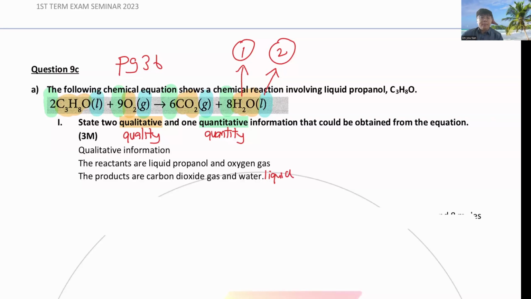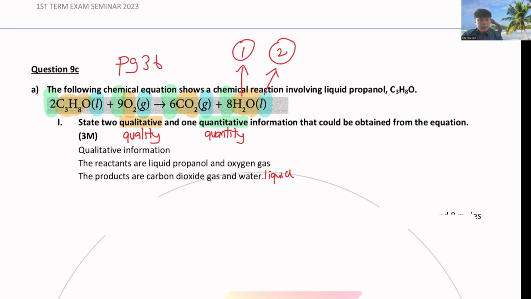So in the exam, if they give you bracket L, then you talk about the liquid part. If they don't give you, you don't need to write solid, liquid, gas, because what they ask is the information you can get from this equation. If your equation doesn't have liquid, solid, gas, then you don't write the answer.